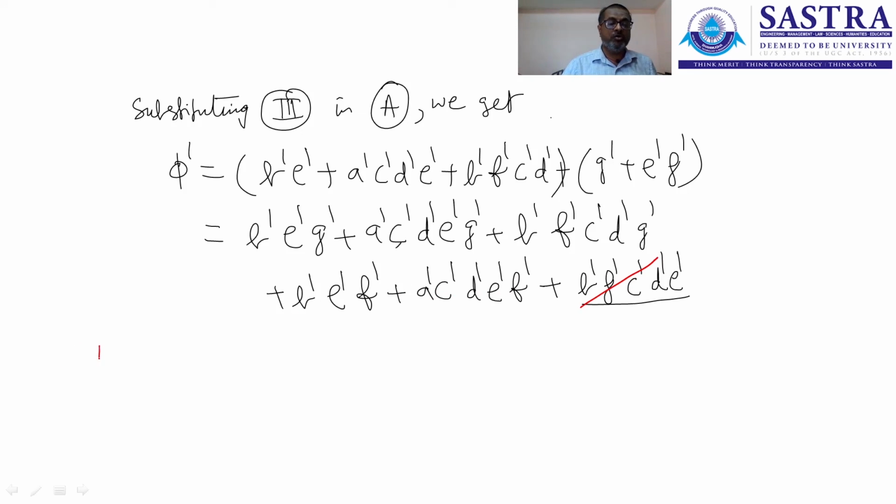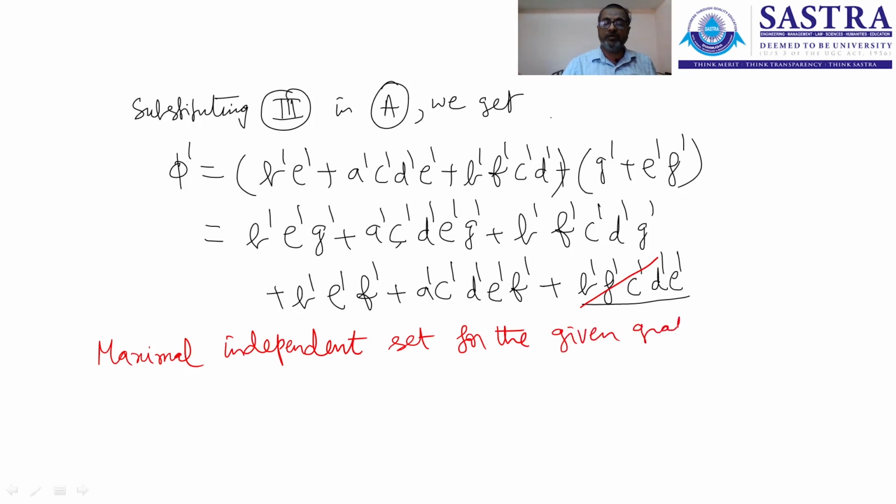So your maximal independent set for the given graph would be like this.